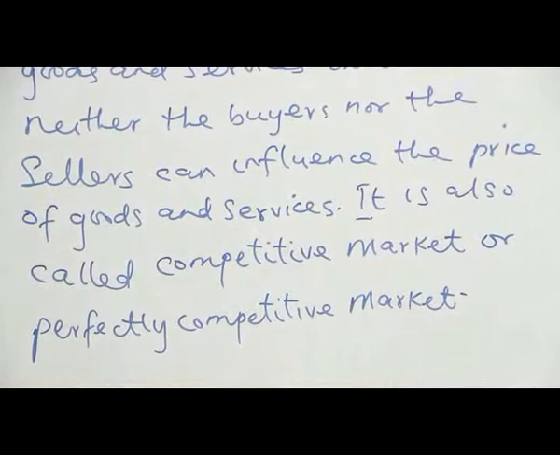So according to market according to prices, it implies that either a buyer or a seller cannot influence the price of the commodity. So the price of the commodity is determined according to market forces. That is, demand and supply will determine the price of the goods or the service in this market.